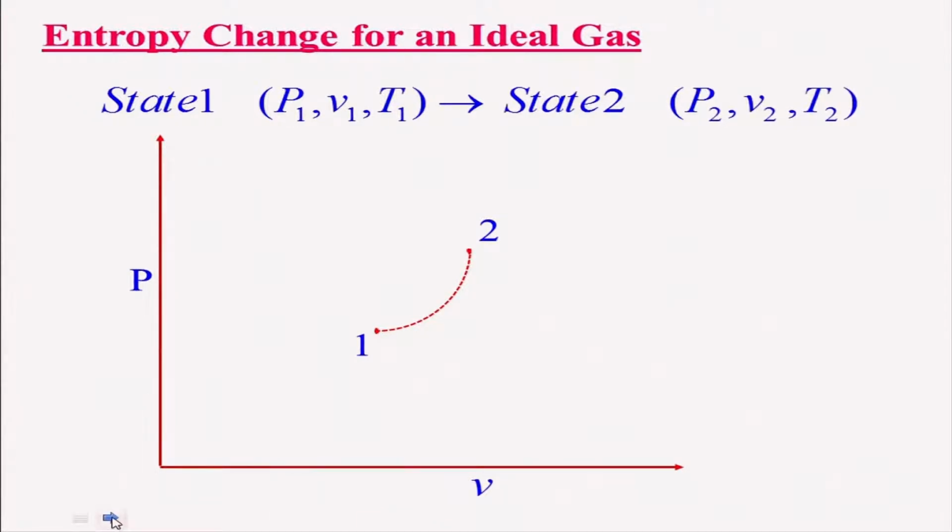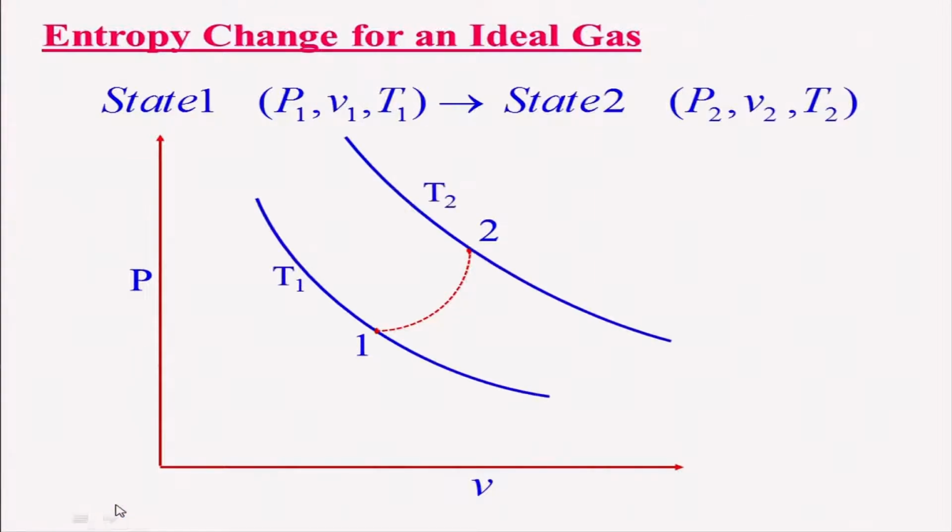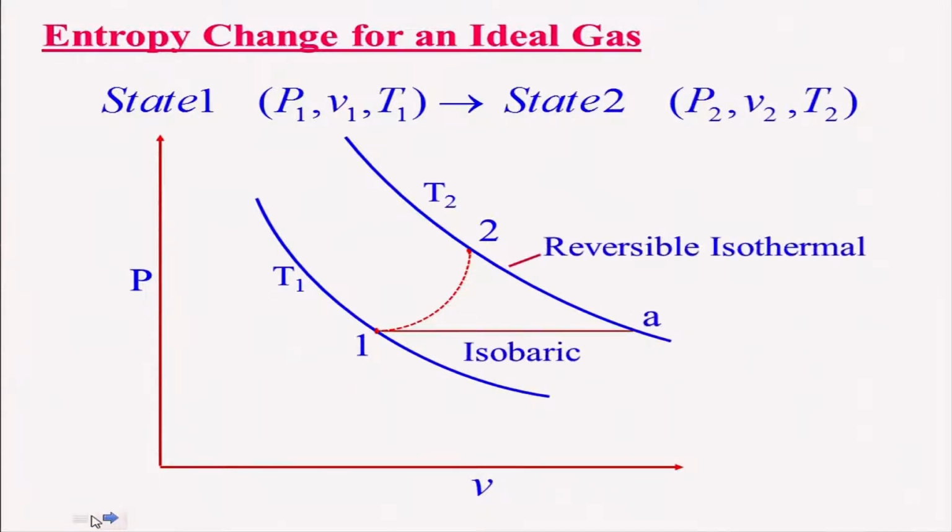Basically, we will have to substitute this imaginary irreversible path by certain reversible paths, right. For example, I can say that these are two isotherms, one at temperature T2 and the other at T1.